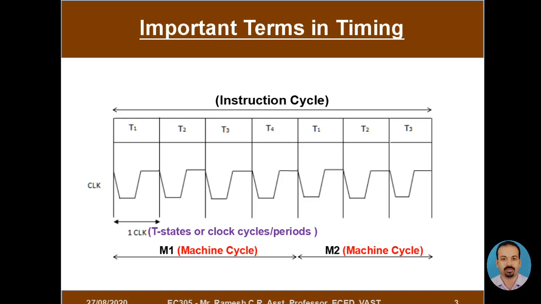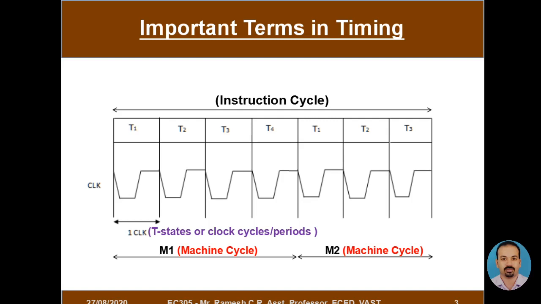We have basically three terms. One is the instruction cycle, then we have the T states, then we have the machine cycle. So what does each of these mean? A T state, as we can see from the figure itself, is the period of the clock cycle. In order to perform an instruction, the microprocessor makes use of several clocks.